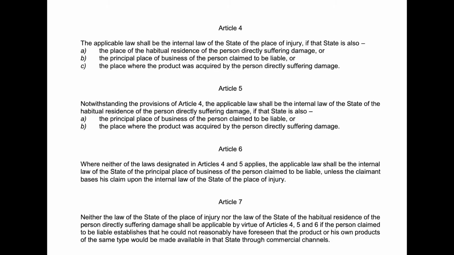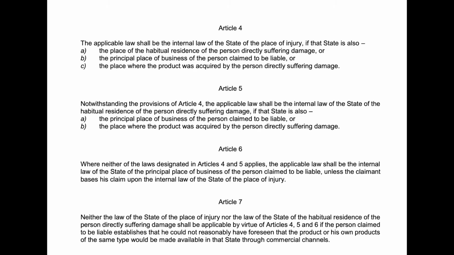If that is clear, then we must consider Article 7, which affects the three former articles. Article 7 must be taken into consideration when we apply Article 4, Article 5, and Article 6.